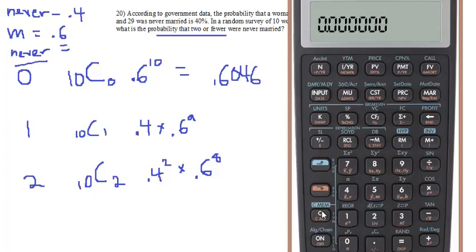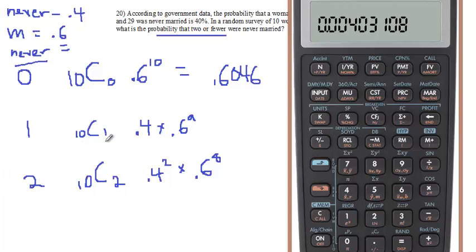Now the second one, so we'll clear it. The second one was 0.4 times 0.6 to the 9th power, so we'll do 0.6 to the 9th power using the y to the x function, then times 0.4. And then we have to multiply by 10, because 10C1 is 10.